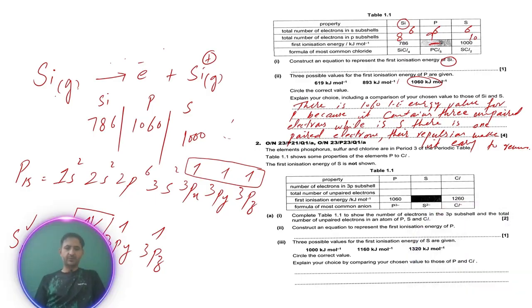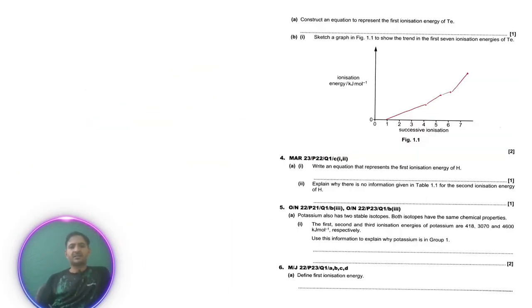We have question number 2, and it is similar to question number 1, so you people can also practice this question. If you understand the first one, then it is easy for you to figure out question number 2. Construct an ionic equation to represent the first ionization energy of tellurium. First we write the element tellurium, but it must be in the gaseous state.